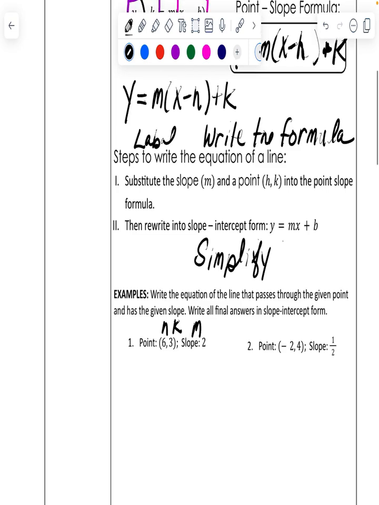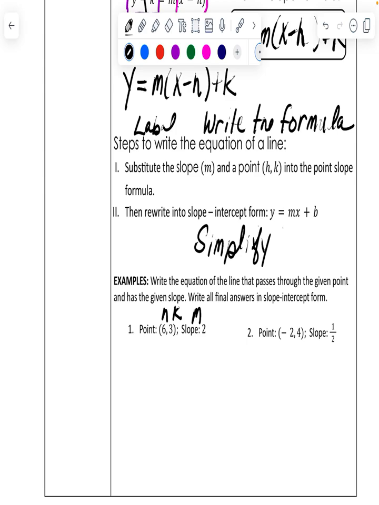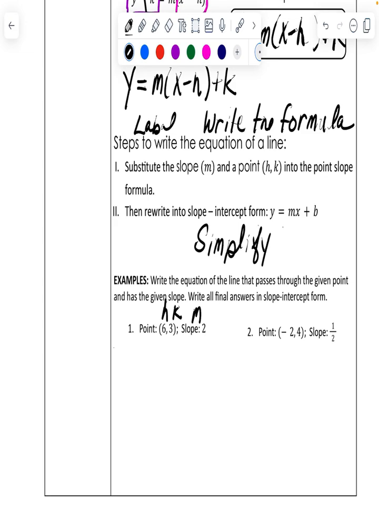So when you get a test, you're just going to see this. Point (6, 3), slope 2. And you have to give me the equation of the line, y equals mx plus b. All right, great. So let's use our formula. Our formula is y equals m times x minus h plus k.